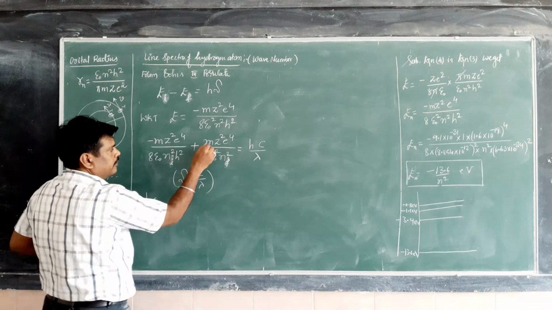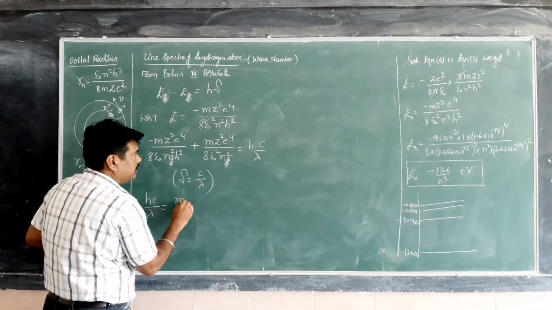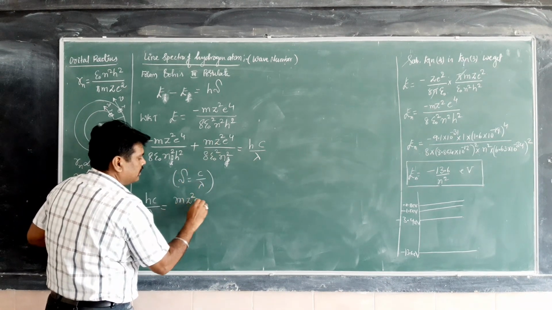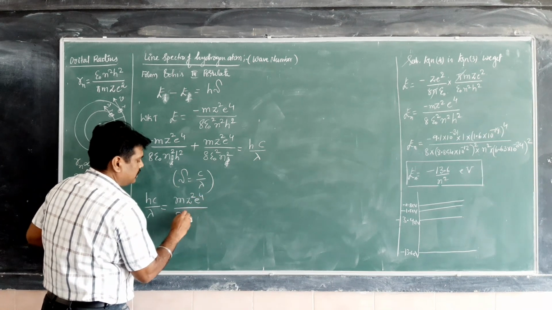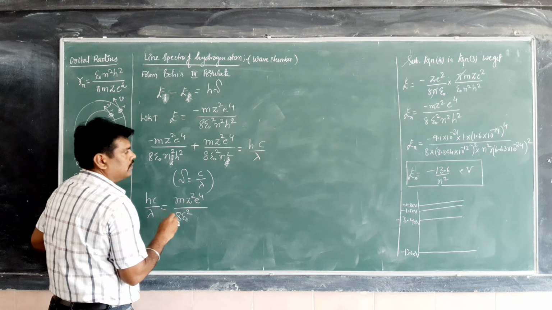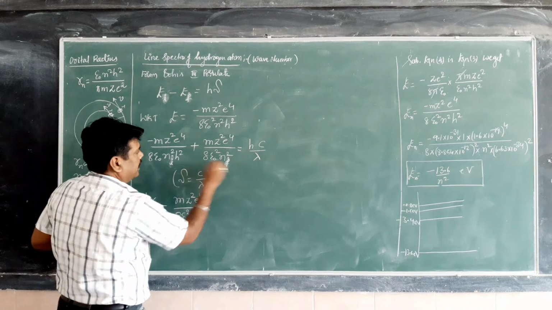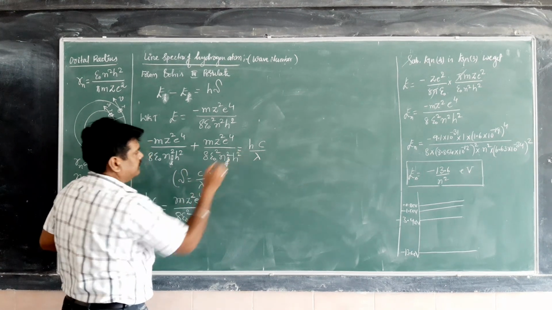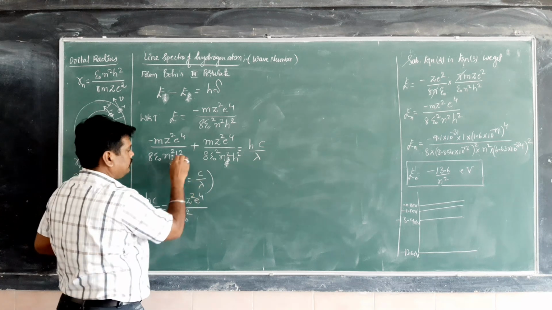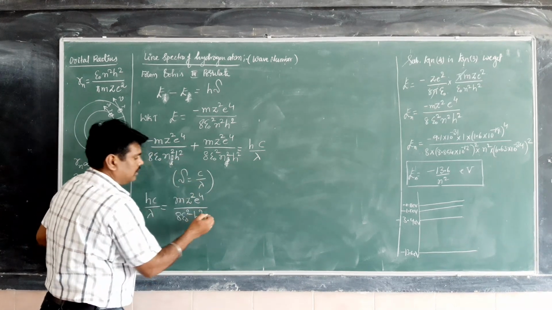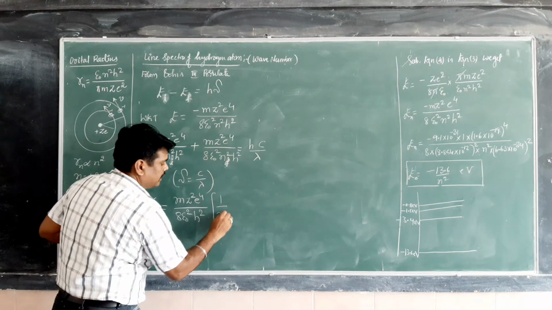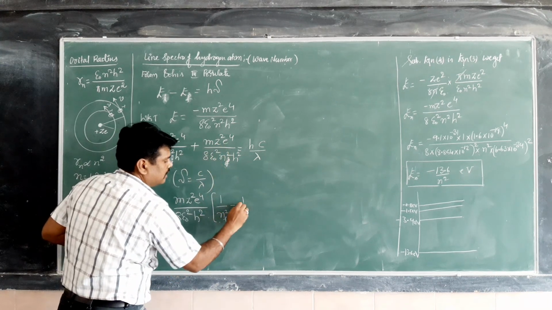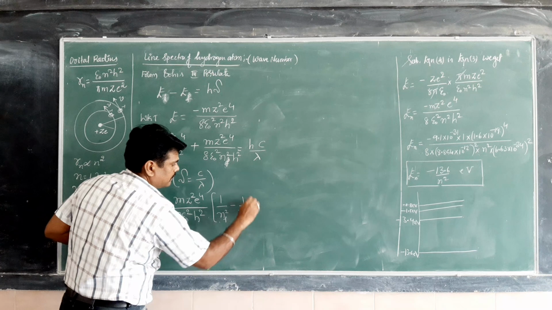So I want to write this first: m Z squared e to the power of 4 divided by 8 epsilon naught squared h squared, and the first term is 1 by nf squared minus 1 by ni squared.